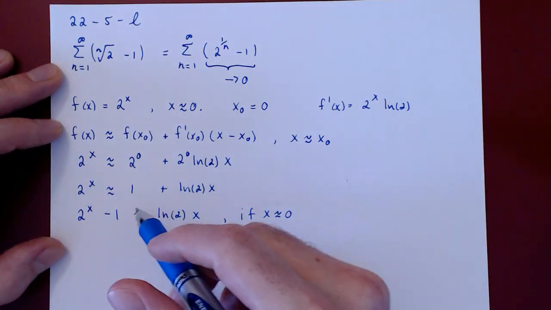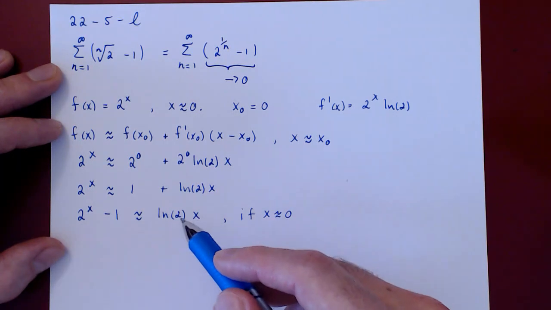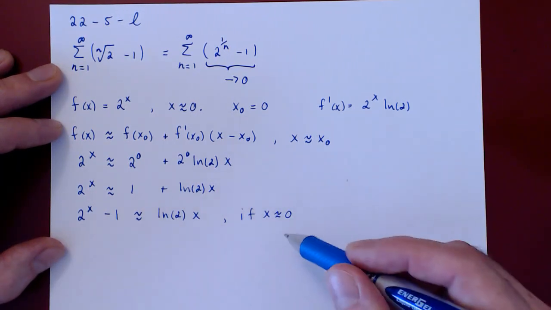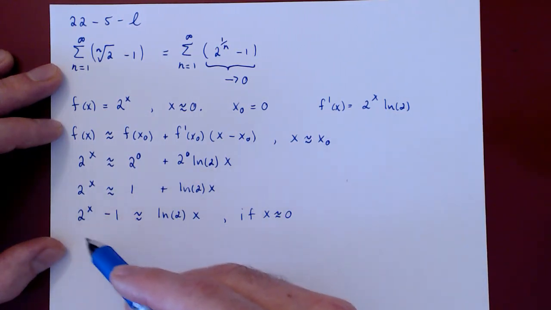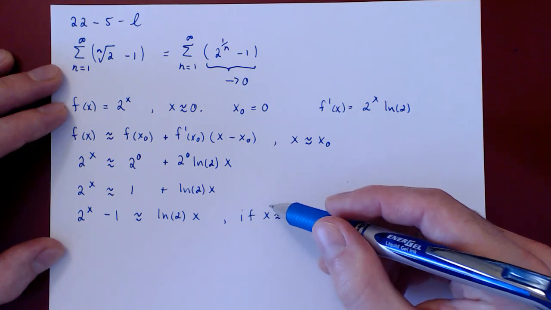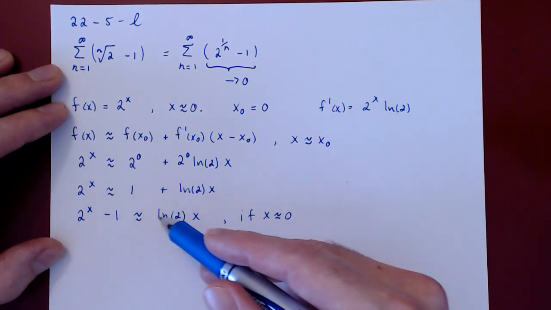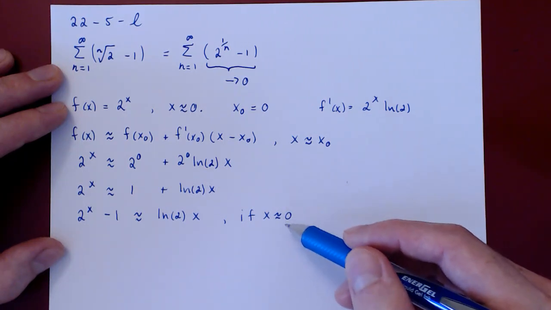And now we have the linear approximation of this function being a multiple of x, the multiple being ln of 2. And we know that the closer x is to 0, the better this approximation is. And so we can replace x in this approximation by any other quantity that is very, very close to 0.